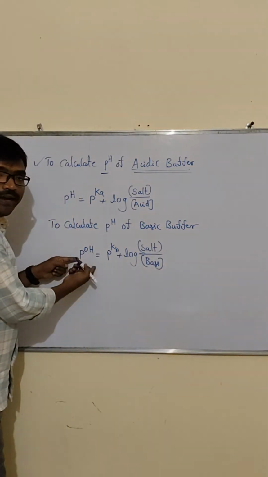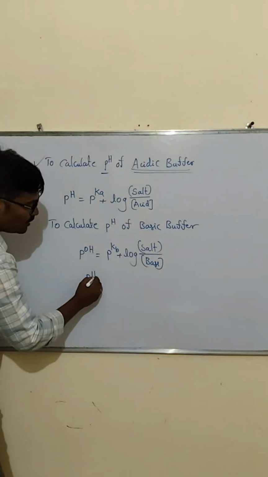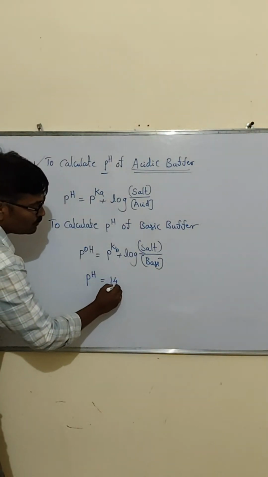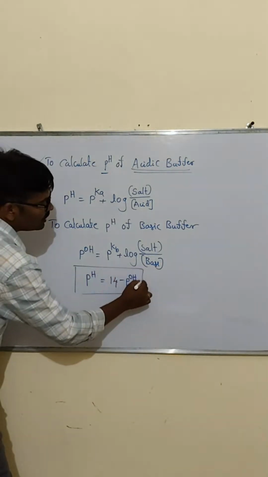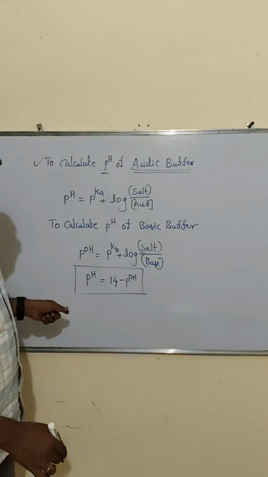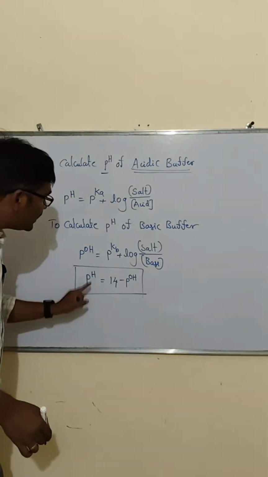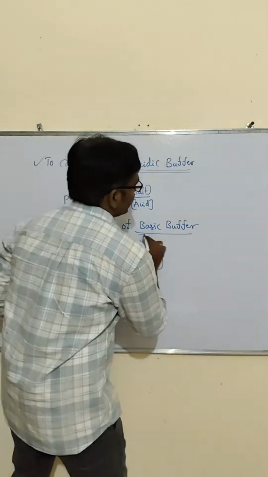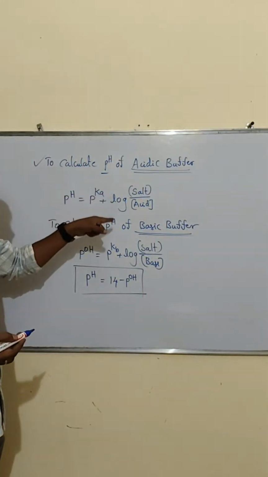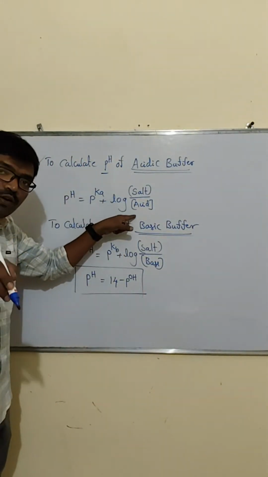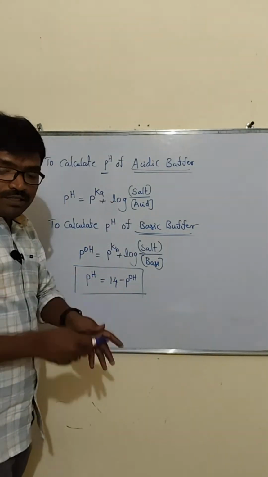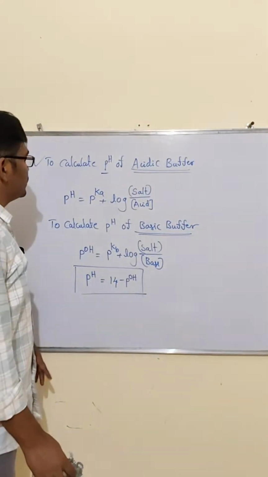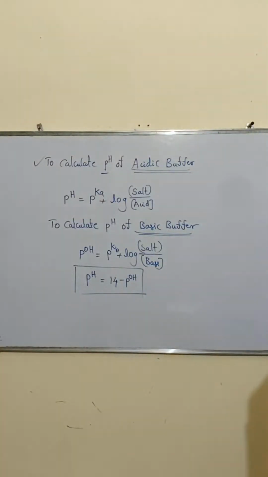Then after finding pOH, find pH: pH equals 14 minus pOH. This is the formula to calculate the pOH and pH of a basic buffer. Clear, all of you? So remember these two formulas. Note down the two formulas, my dear students.